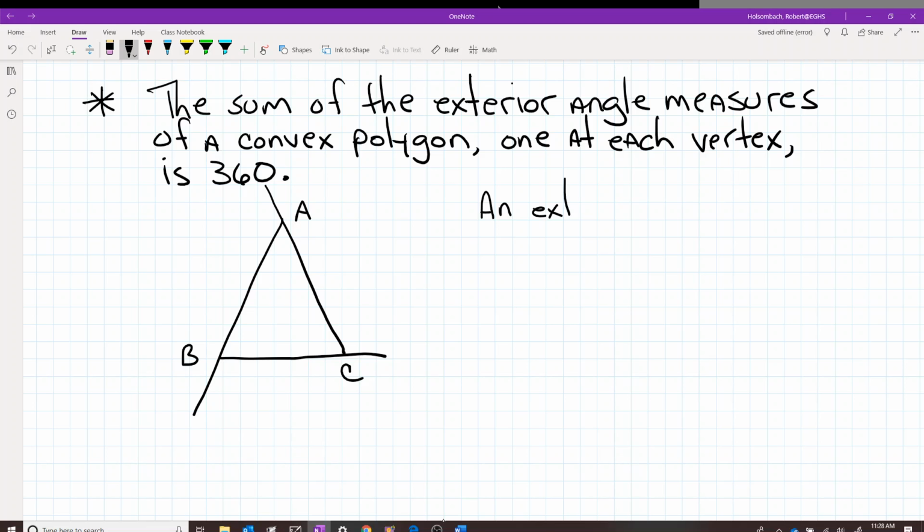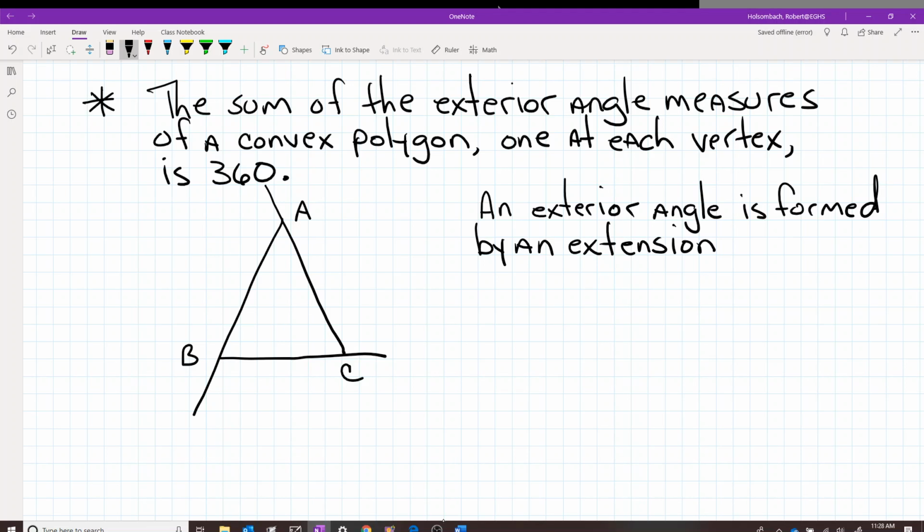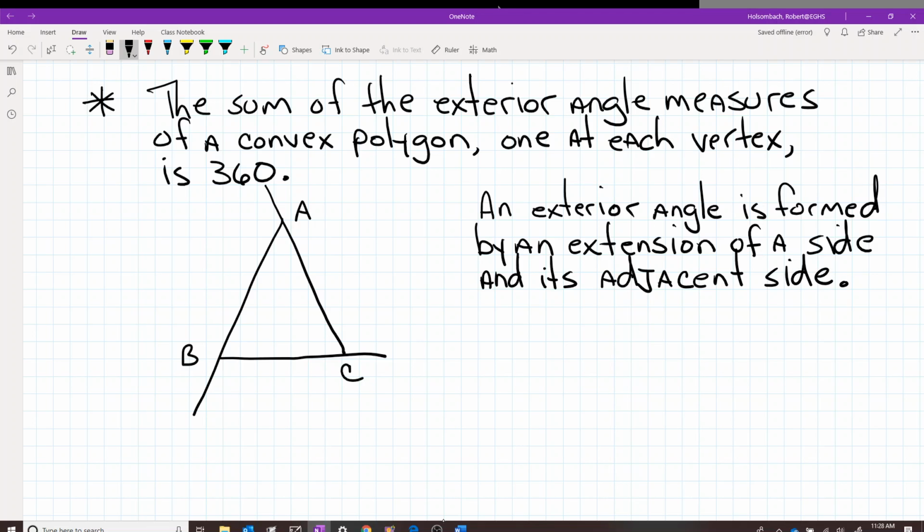An exterior angle is formed by an extension of a side and its adjacent side.